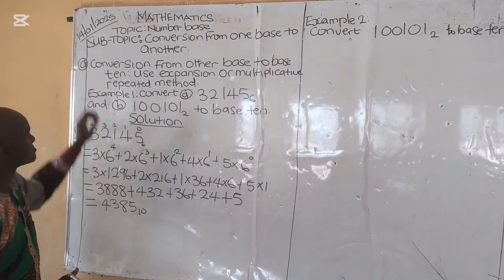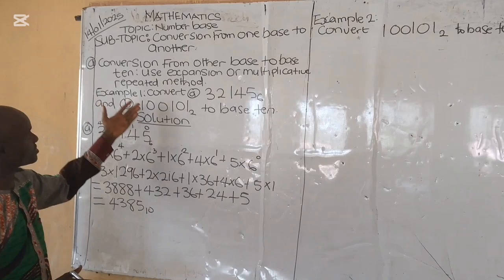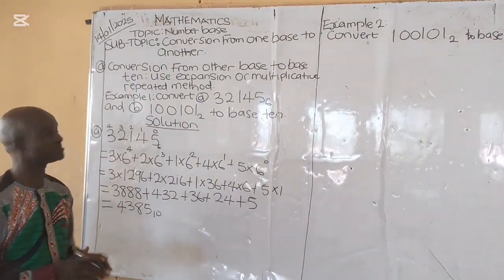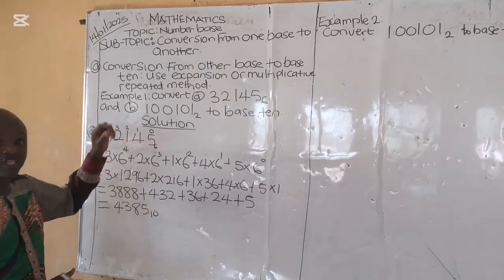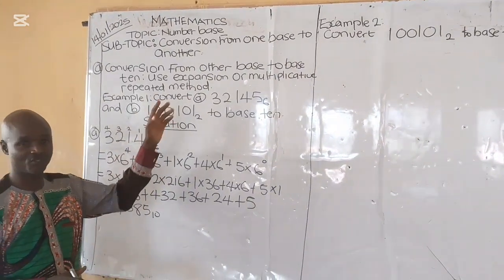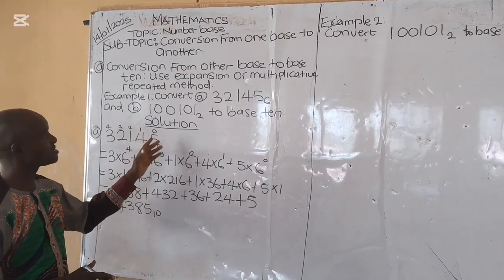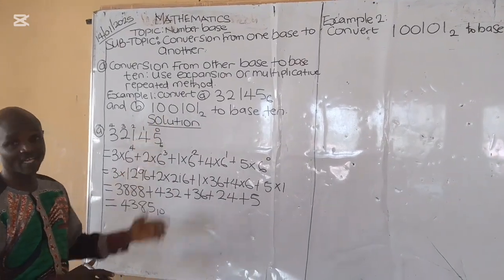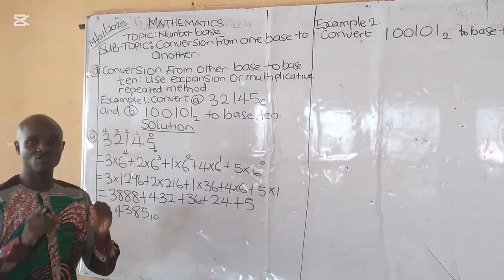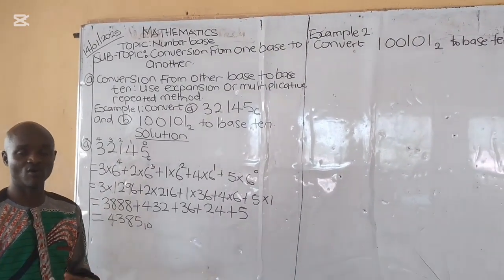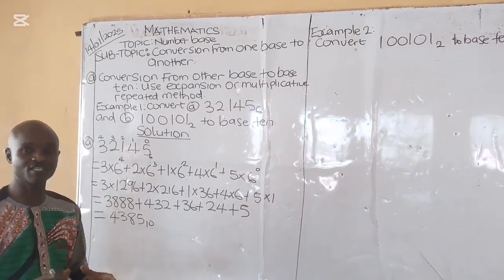Looking at this one, conversion from other base to base 10, which is denary, as I've mentioned in my earlier video. Now, the method that is used to convert from other base to base 10 is the expansion method or multiplicative repeated method.